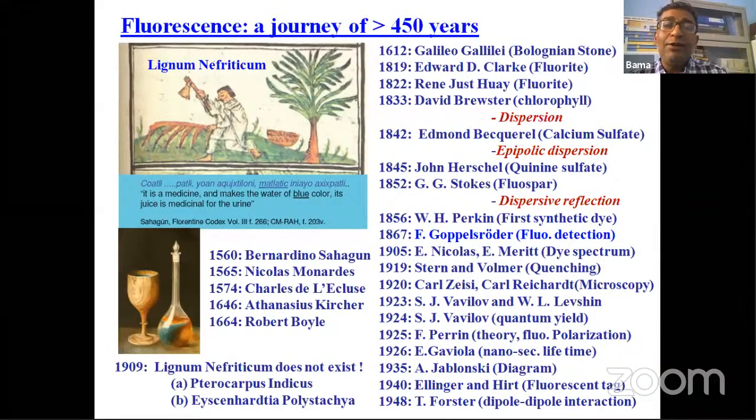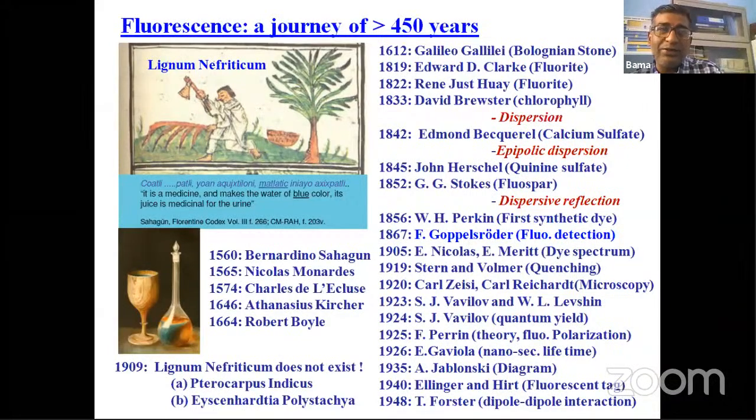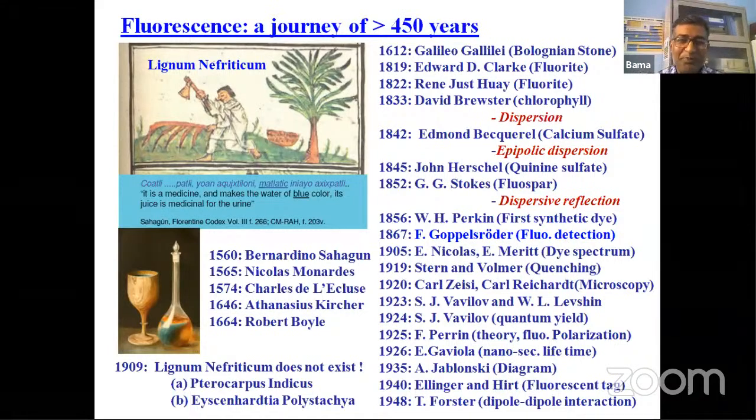Later on, the botanists and biologists used that water for treatment of kidney-related disease. That's why initially they called this lignum nephriticum the kidney wood. The similar observation, at the same time, was made by Nicolás Monardes, the Spaniard, and then Charles Diaclus or Kircher.